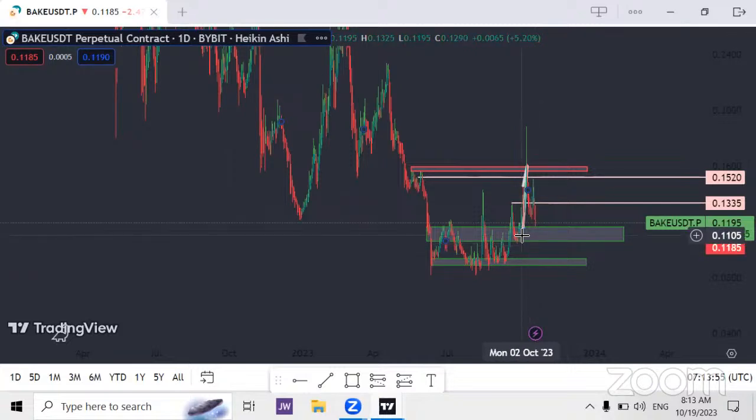So it means that the trade is running in profit already? No, it's not profit. It's -2% right now. Because I entered at 0.119 and the trade is already at 0.1186.